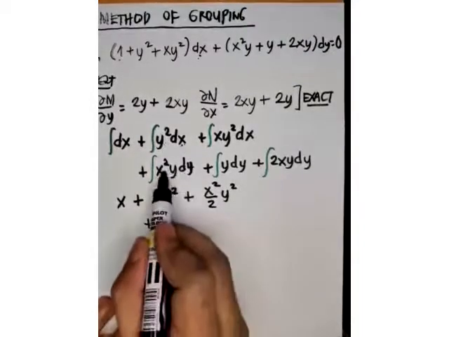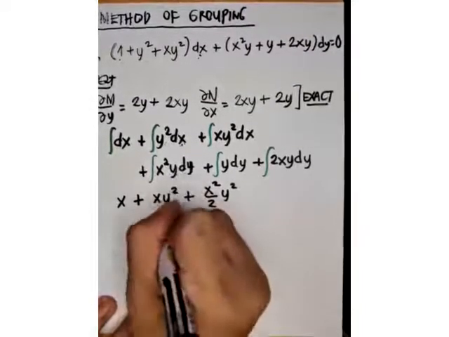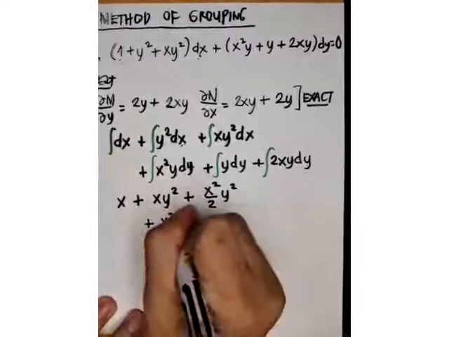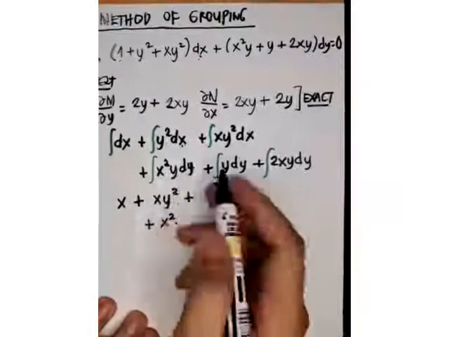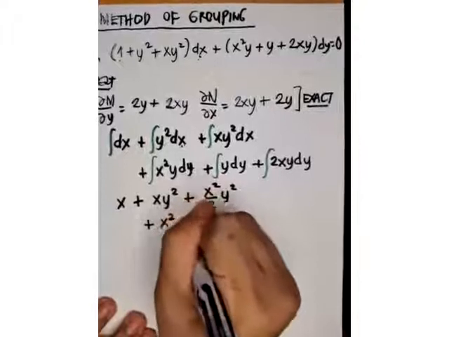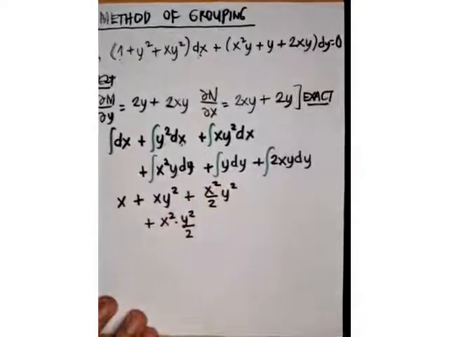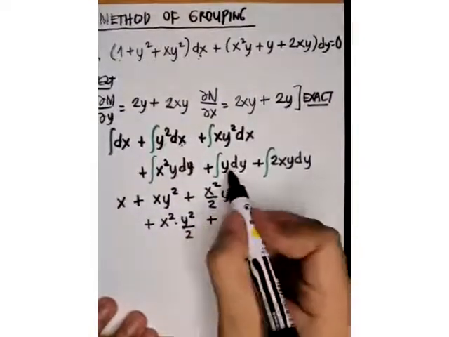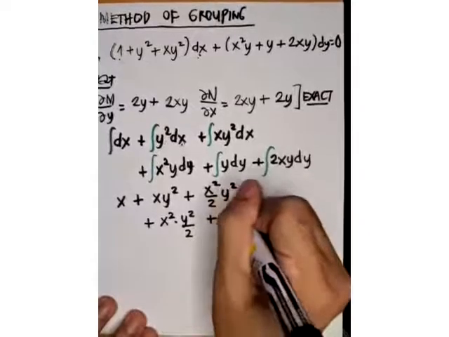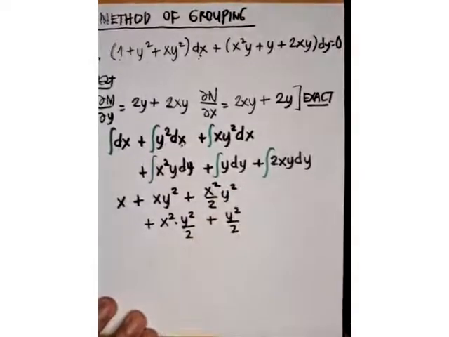So therefore, yung x squared natin is constant. So multiply natin ng integral ng y dy. So that's y squared over 2. Okay, plus y dy. So that's y squared over 2.